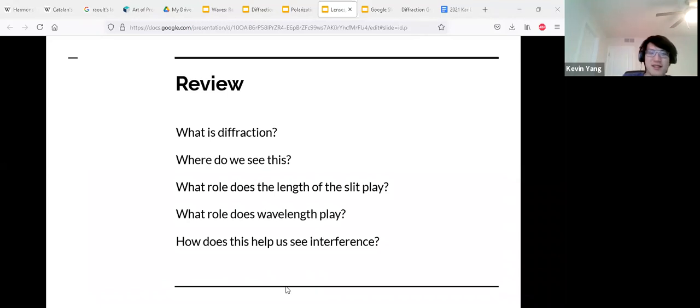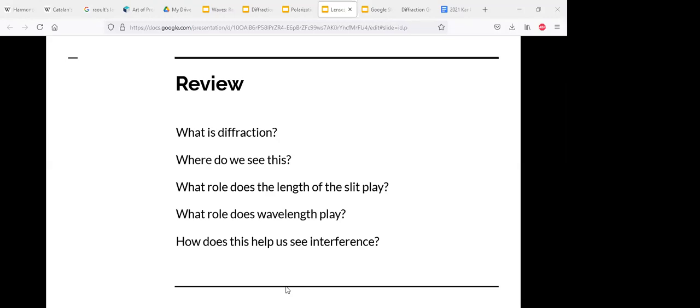All right, firstly, what is diffraction? Hopefully you guys know what diffraction is, since I've been talking about it for the past 20 or so minutes. Like the weird splitty thingy or whatever.